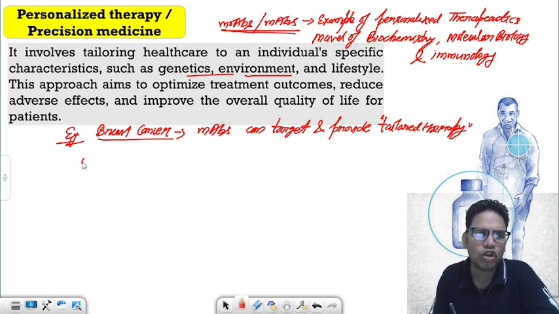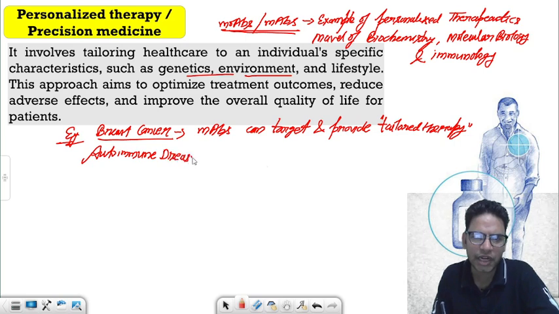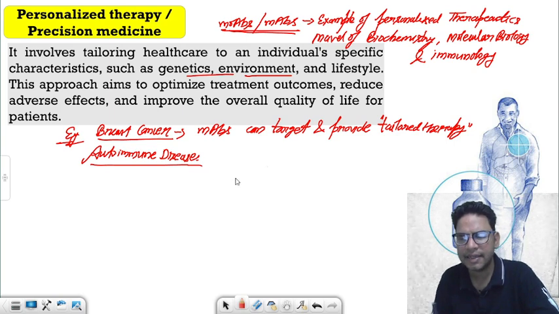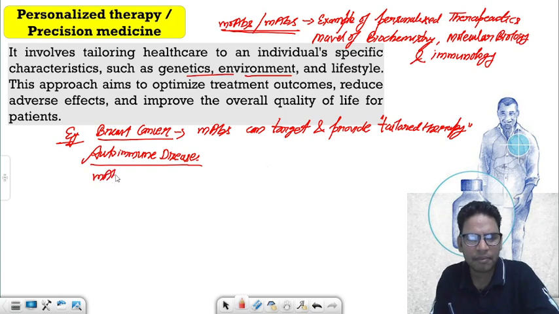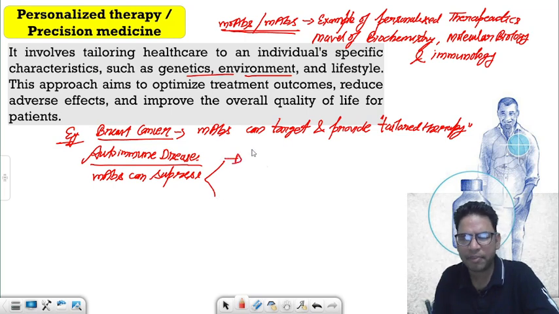For example, autoimmune diseases. Autoimmune diseases are those in which our immune system gets confused and starts killing our healthy cells. Monoclonal antibodies can suppress this. For example, you must be knowing about rheumatoid arthritis.